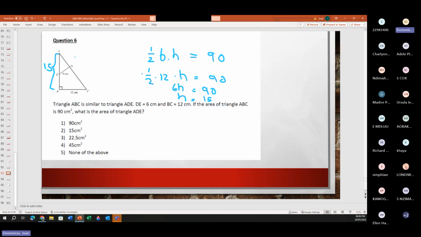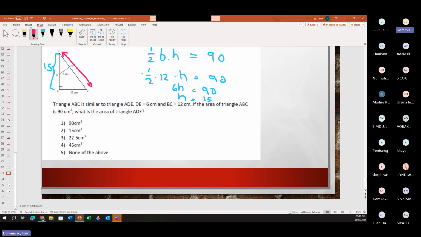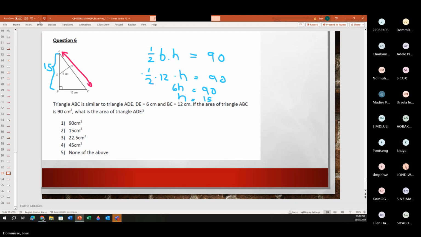Then using Pythagoras, we can work out what that length is. Let's say that length of AC squared is equal to 15 squared plus 12 squared.